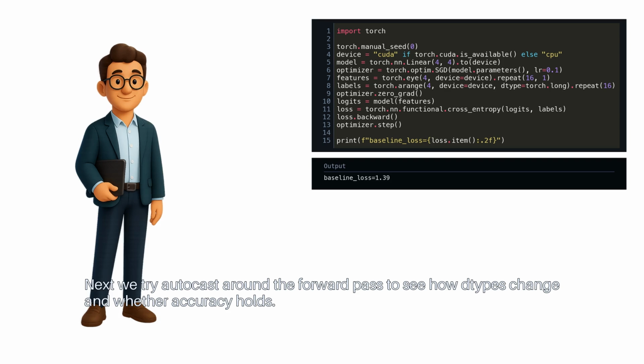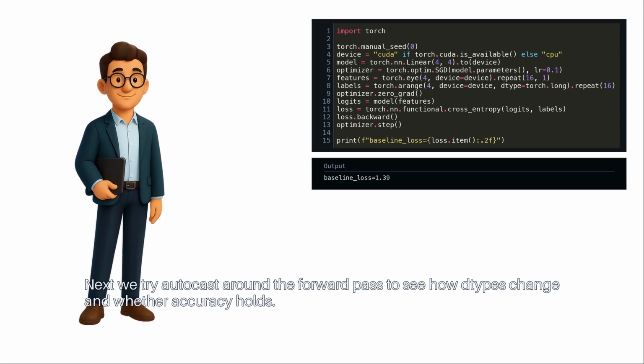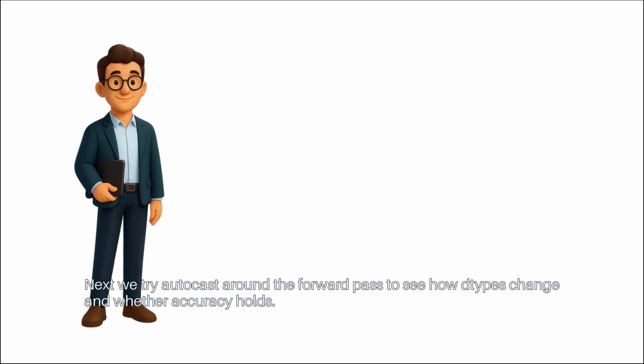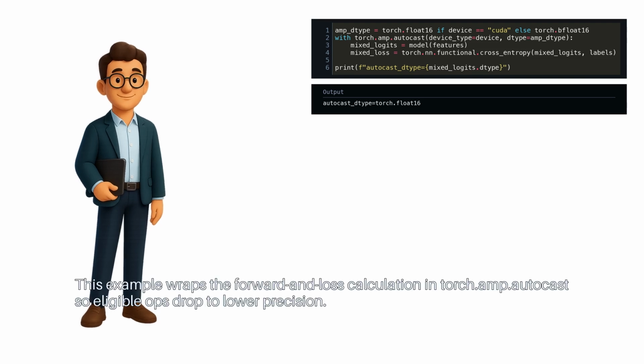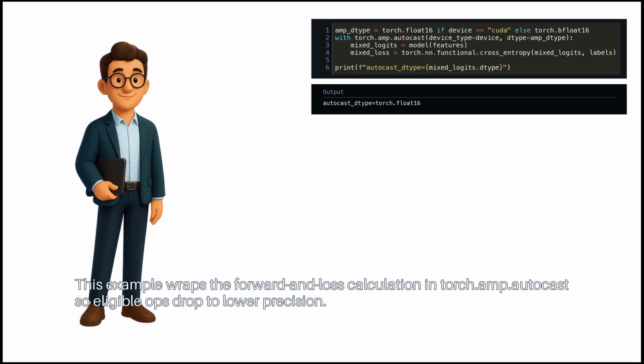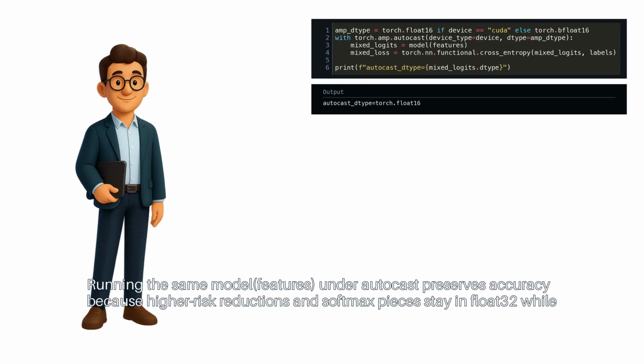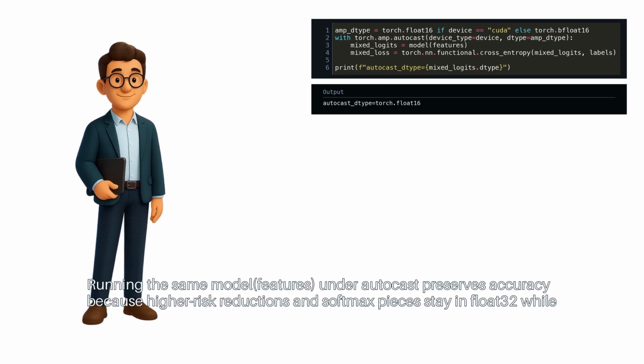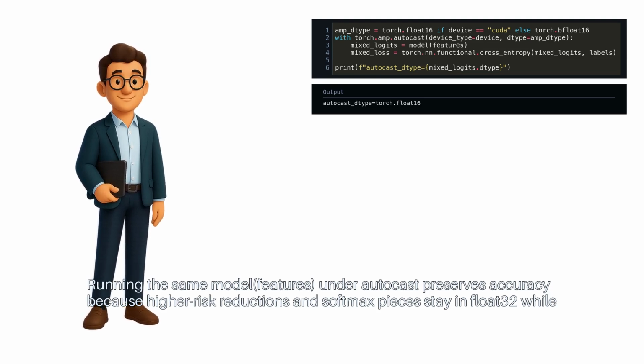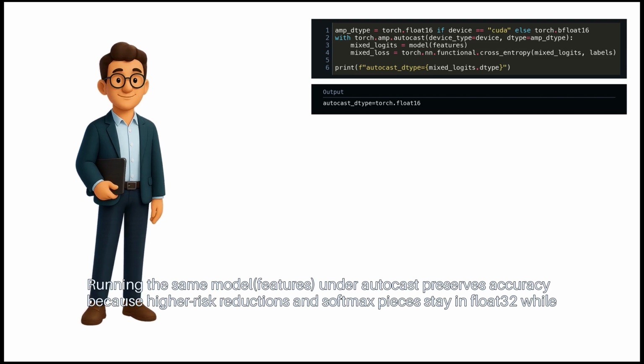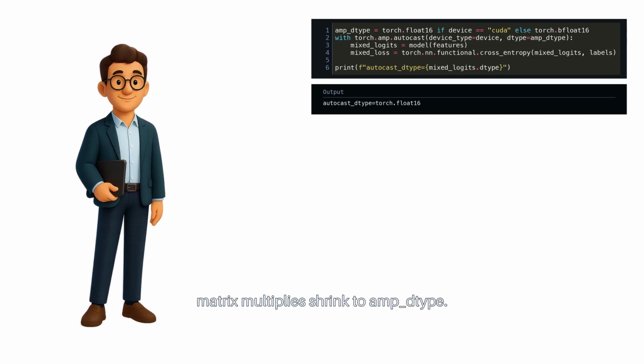Next, we try autocast around the forward pass to see how dtypes change and whether accuracy holds. This example wraps the forward and loss calculation in torch.amp.autocast, so eligible ops drop to lower precision. Running the same model features under autocast preserves accuracy because higher risk reductions and softmax pieces stay in float32, while matrix multiplies shrink to the amp dtype.